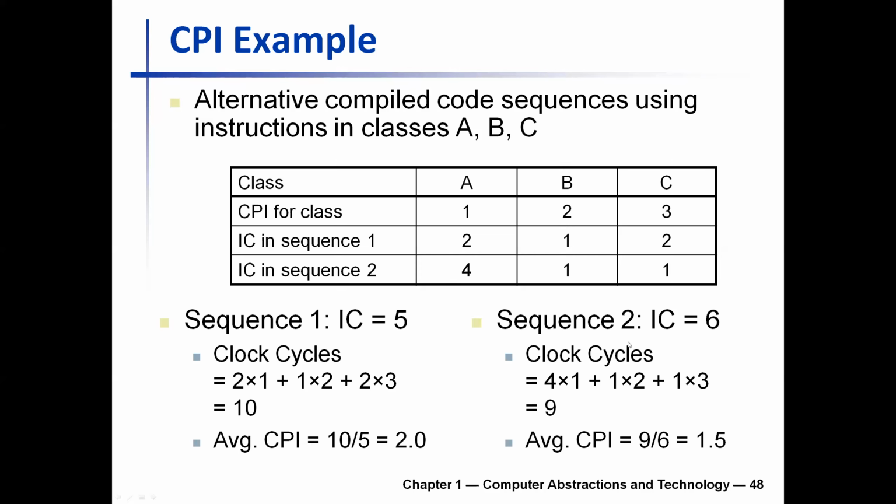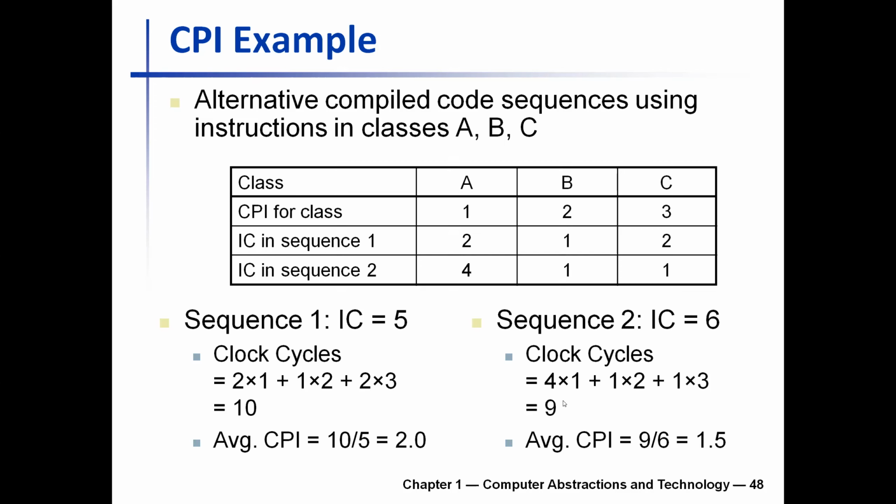In the alternate assembly sequence 2, we have 6 instructions total, right? 4 plus 1 plus 1, 6 instructions total. We have more instructions, but the majority of them are from class A, which is a faster class of instructions, so the CPI is less for that class. So we have 4 times 1, 1 times 2, and 1 times 3 clock cycles total.